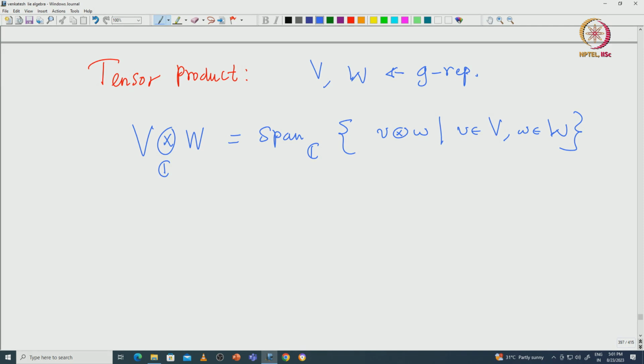I urge you to go back and see what that universal property is, and how one can construct a basis of this tensor product using the bases of capital V and capital W, which I am not going to do in this course.